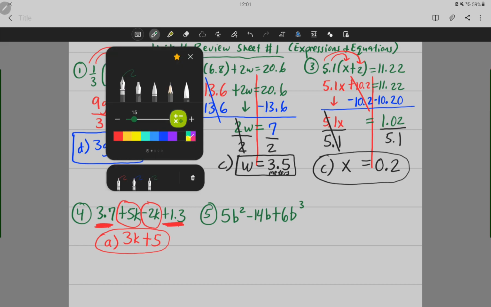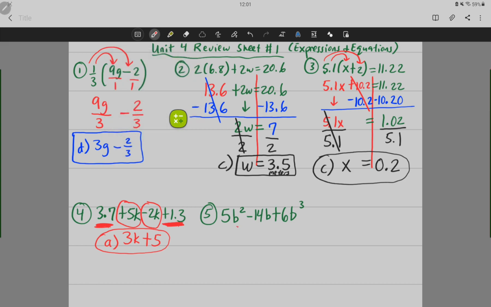You may be tempted and say, well, yeah, they're like terms. Look, this has a b, this has a b, and that has a b. So far, that's correct, but that's not the only thing to look at. Remember, like terms can have the same variables, yes, but they also must have the same exponent to be a like term. So if you look here, this says b to the second power.